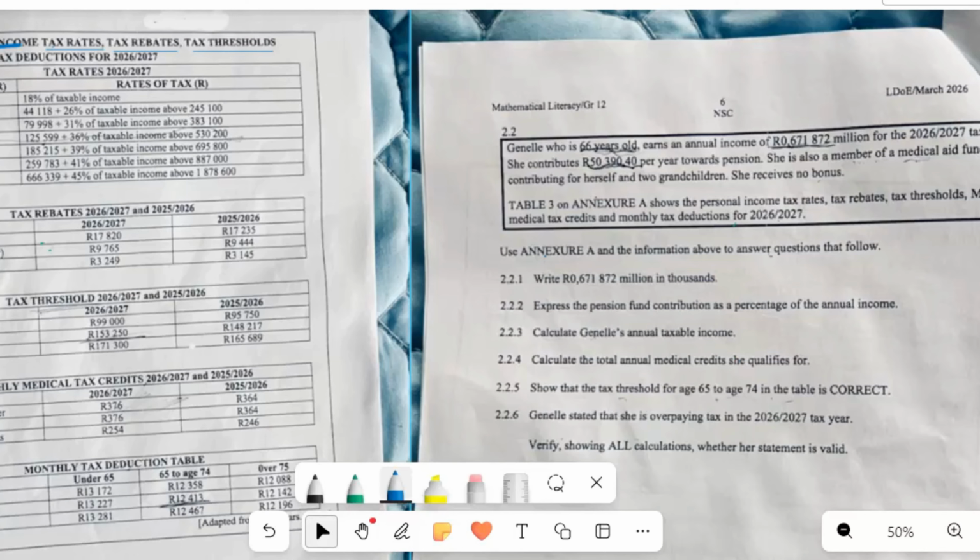She's earning that much for the 2026-27 tax year. She contributes 50,390,000 rands and 40 cents per year towards pension. She is also a member of a medical aid fund, contributing for herself and 2 grandchildren.